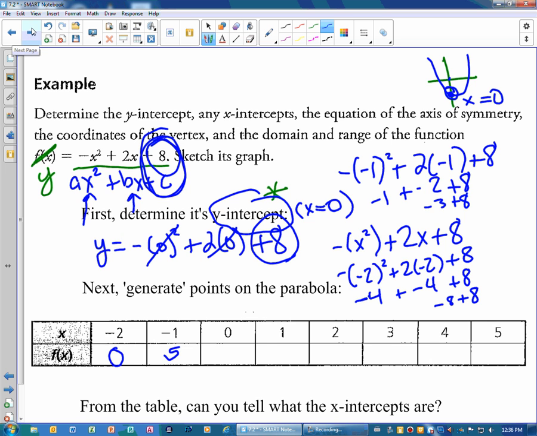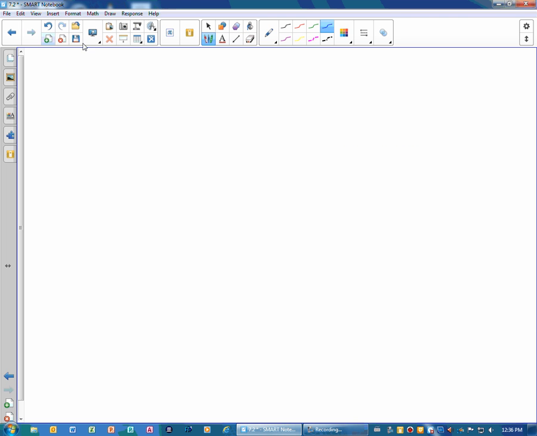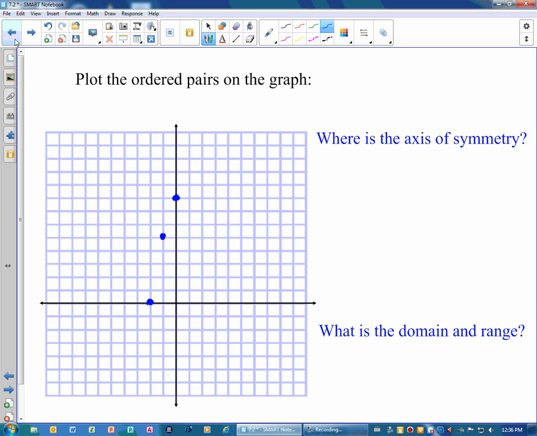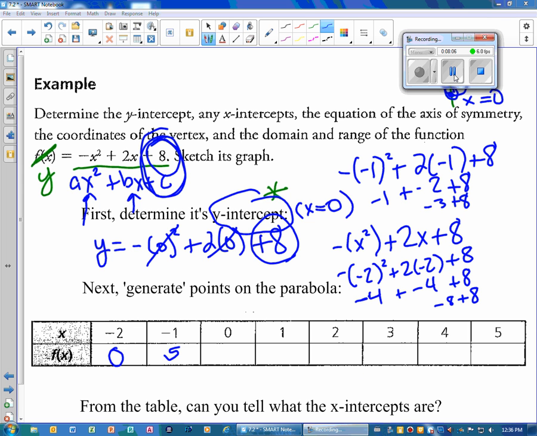So when x is negative 1, y is 5. We just calculated that, okay? So I want you to pause, please. I want you to do the rest of your calculations and then press play and let's see if you're correct. I'm going to pause here too and finish up the calculations and then I'll see you back here in a second.